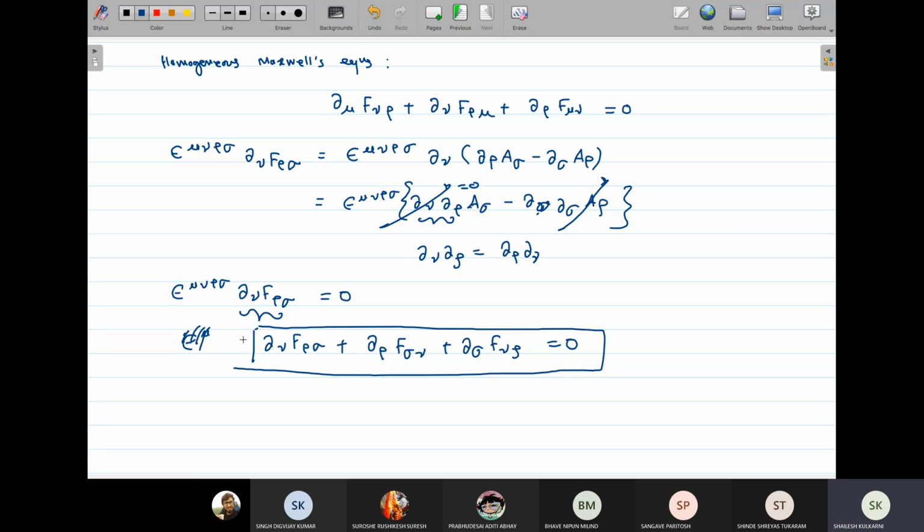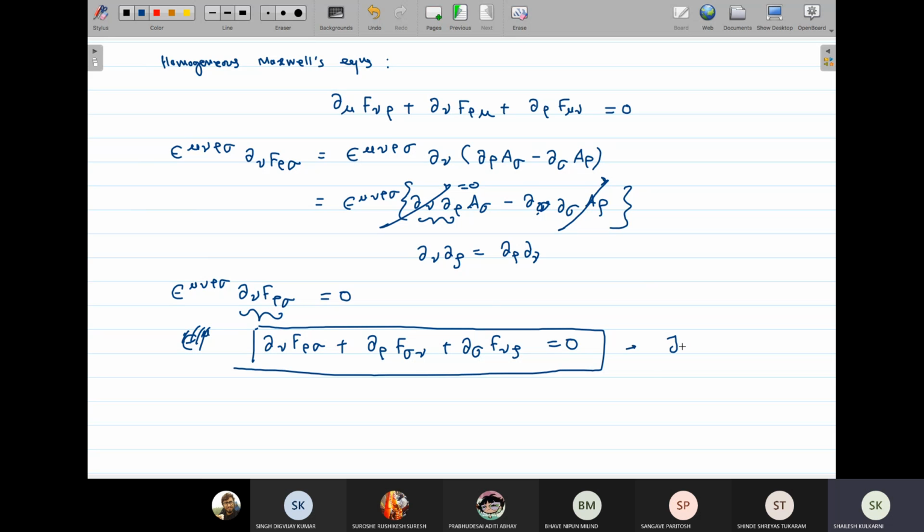Namely that E equal to minus grad phi minus 1 over c del A by del t is a solution for del cross E equal to minus 1 over c del B by del t, always, for any A and any phi. So as expected, we got the identity. This is the identity, and it has a name.